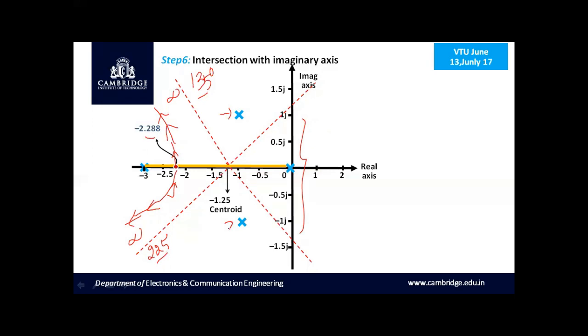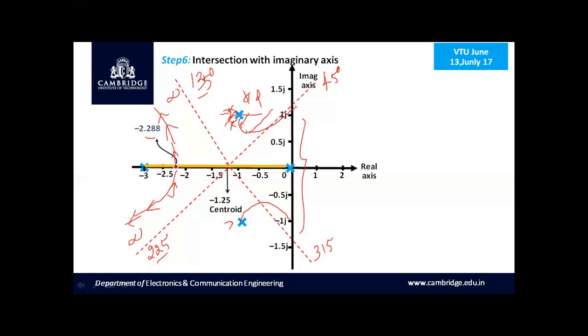Therefore, it is very clear that with respect to increase in value of k from 0 to infinity, these branches from the complex conjugate poles will emerge at a particular angle, which we call the angle of departure phi d, and these branches will be guided by the asymptote at 45 degree as well as by the other asymptote at 315 degree, and follow the path of the asymptote.